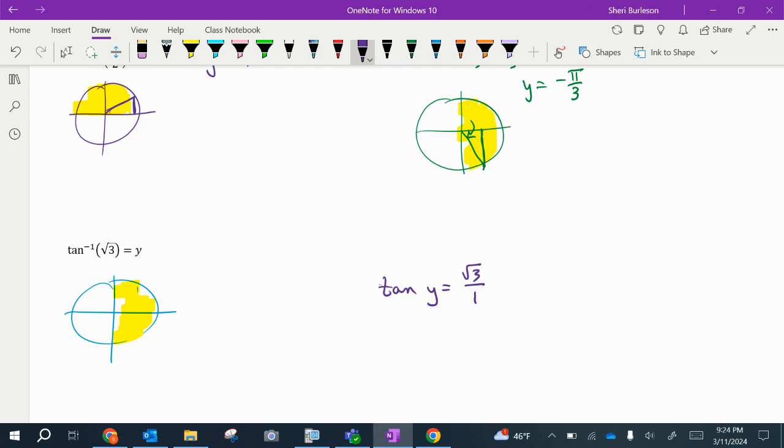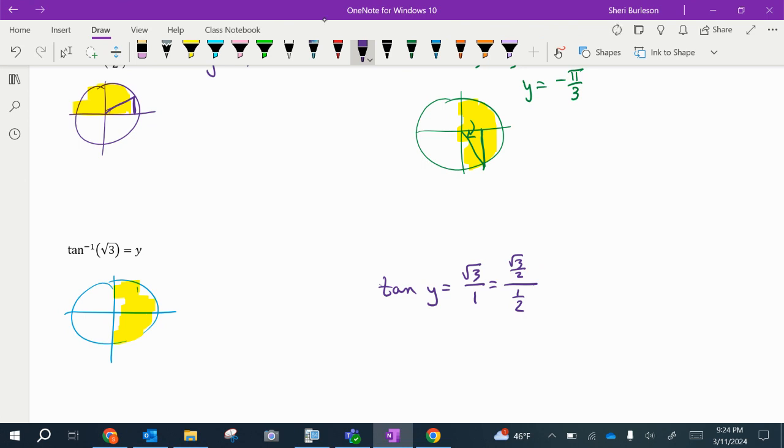And that came from root 3 over 2 over 1/2. Those are the special right triangles.